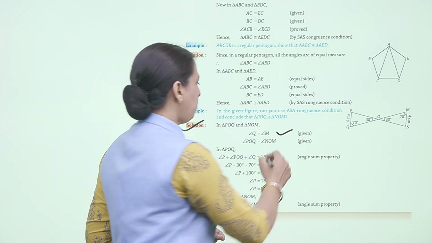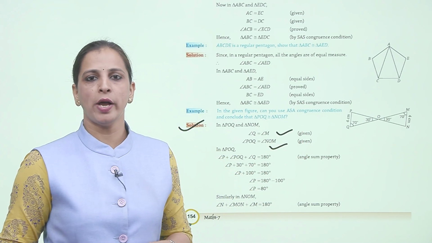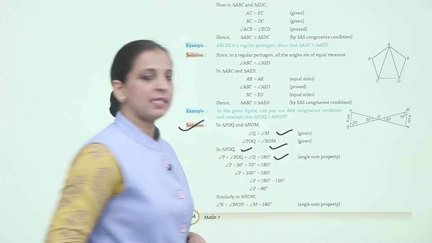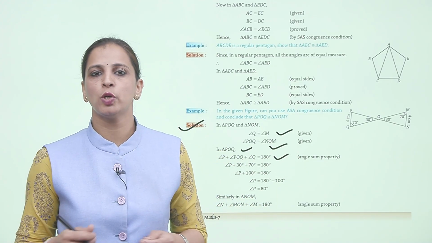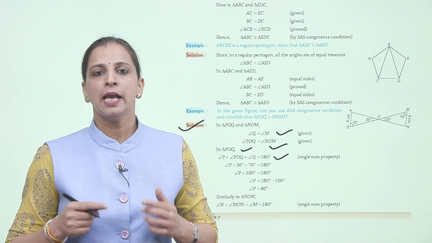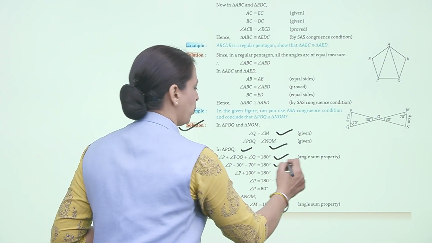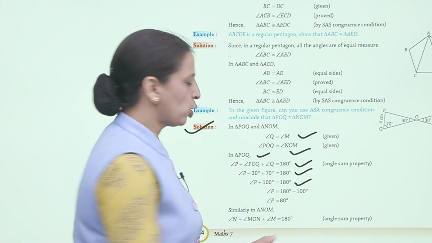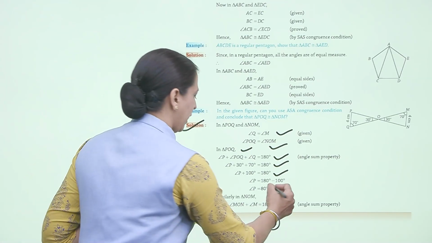Angle POQ is equal to NOM, this is also given. In triangle POQ, angle P plus angle POQ plus angle Q is equal to 180 degrees, angle sum property. Angle P plus 30 plus 70 is equal to 180. So angle P is equal to 180 minus 100, angle P is equal to 80 degrees.